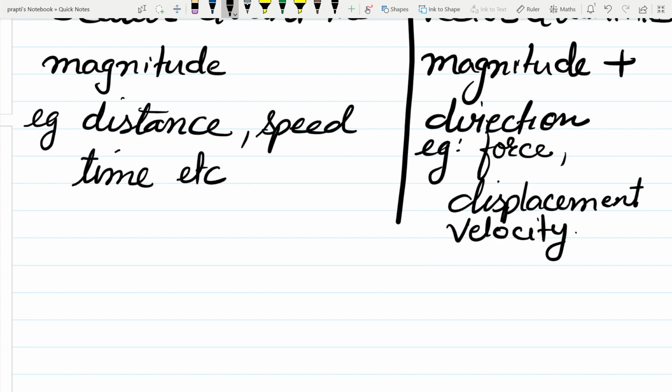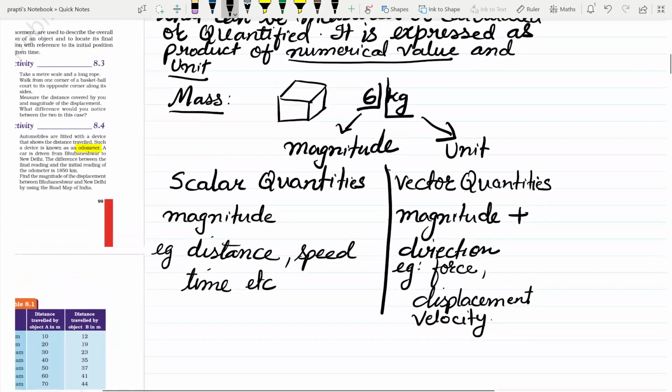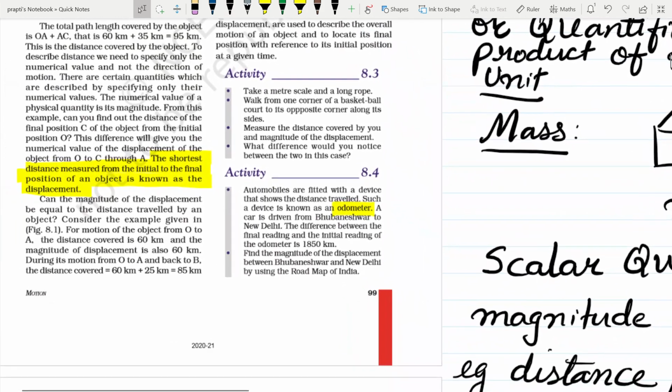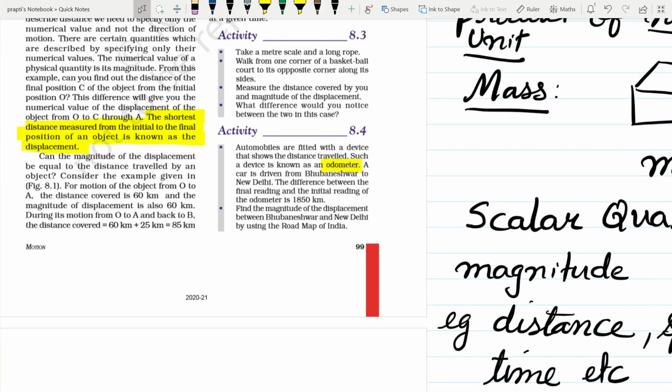Is this topic very much clear now? Now let us understand distance and displacement.